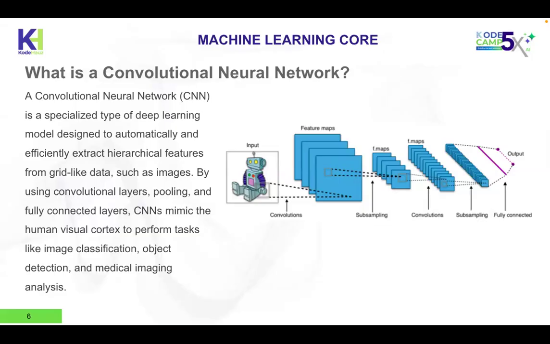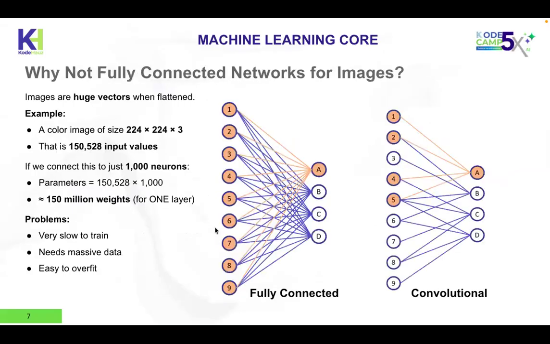Then we talked about the convolution itself, which is the operation that makes this possible. We talked about why we prefer using convolutional neural networks over standard fully connected networks for image detection.